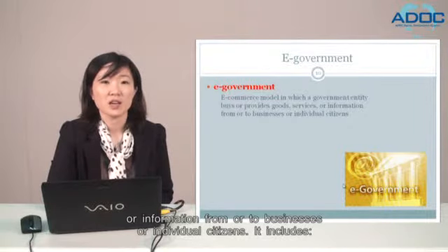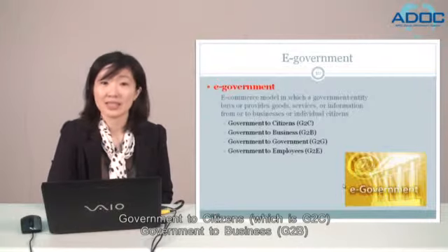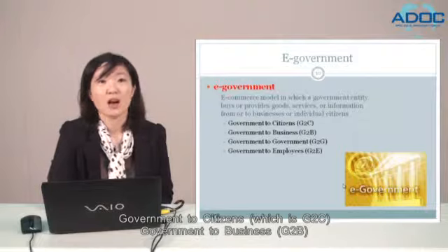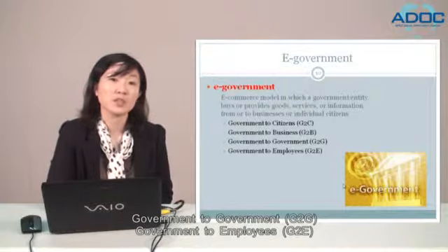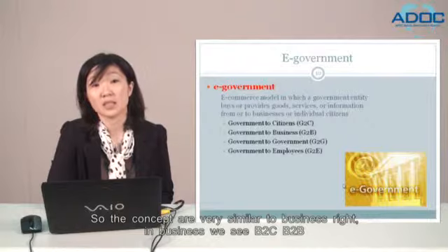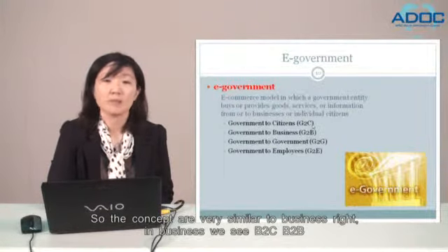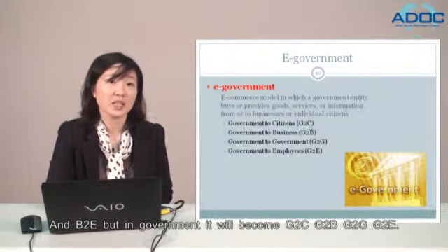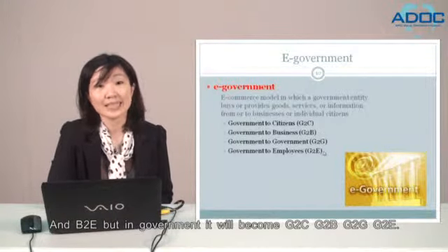It includes government to citizens, G2C, government to business, G2B, government to government, G2G, and government to employees, G2E. So the concepts are very similar to business, right? In business, we see B2C, B2B, and B2E, but in government, it becomes G2C, G2B, G2G, and G2E.